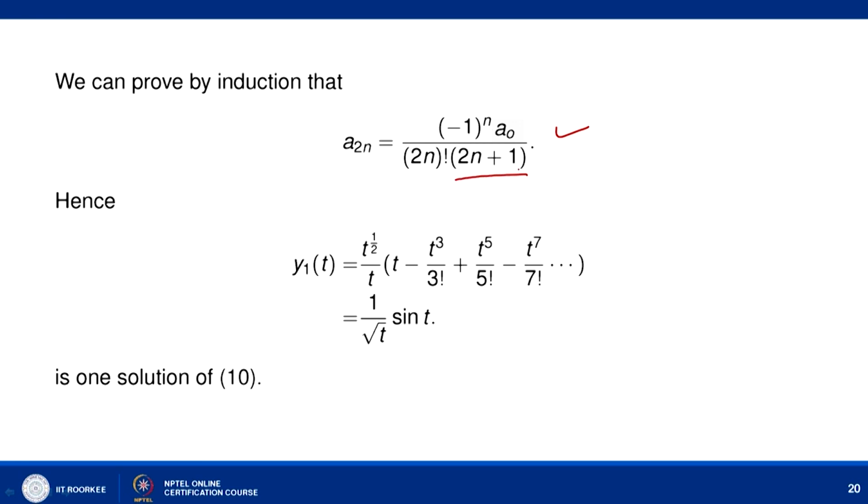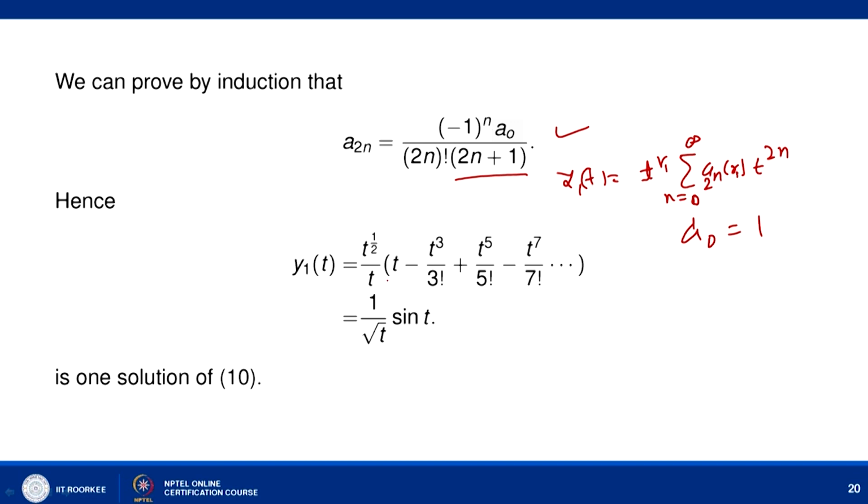And once we have a_{2n}, we can easily find out the first solution, y_1(t) as t to power r, then it is t to power 1/2 times (t minus t cube upon factorial 3, and so on). So, y_1(t) equal to t to power r_1 summation a_{2n}(r_1) t to power 2n, and n is from 0 to infinity, and a_0 we are assuming as 1.